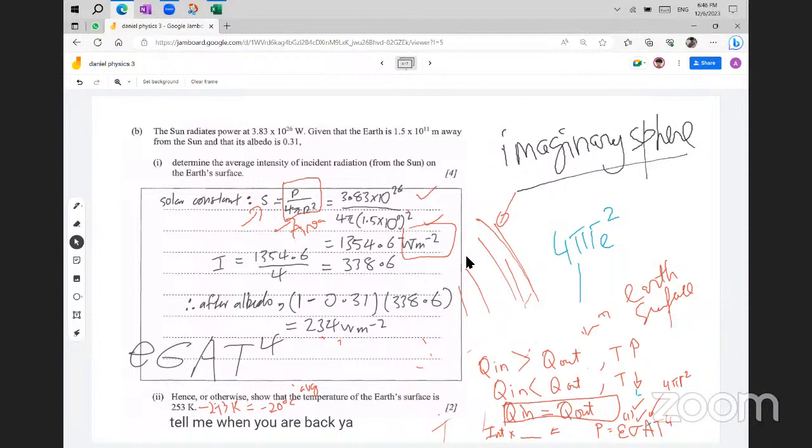That is 4.126 times 10 to the power of 9. The answer is 253.4. Okay.